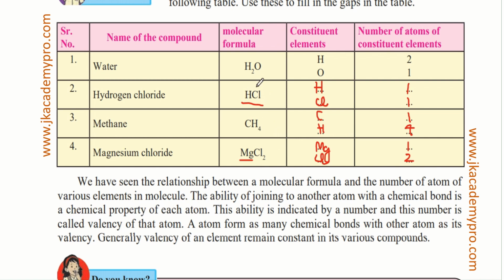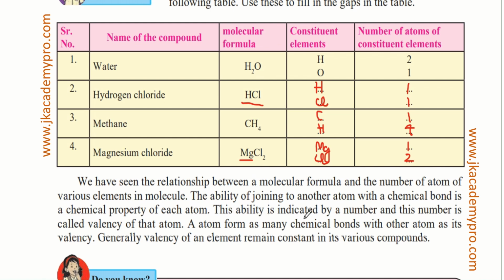So here in this hydrogen chloride example, there is a chemical bond present between hydrogen and chlorine. Similarly, in water, there is a chemical bond present between the 2 atoms of hydrogen and the 1 atom of oxygen. So the ability to form this chemical bond is determined by the property of the respective elements.